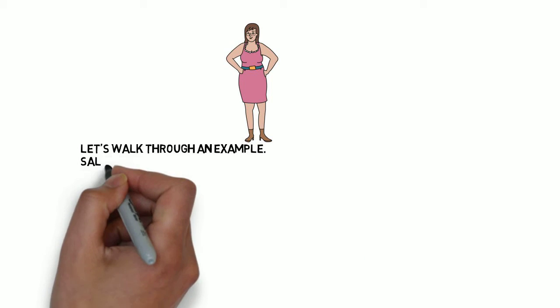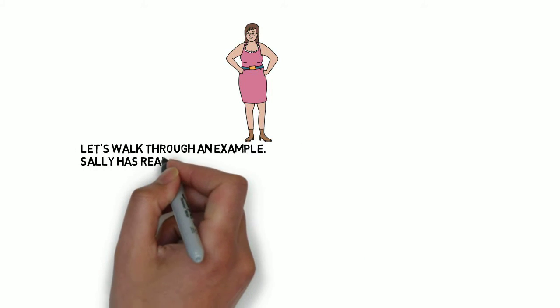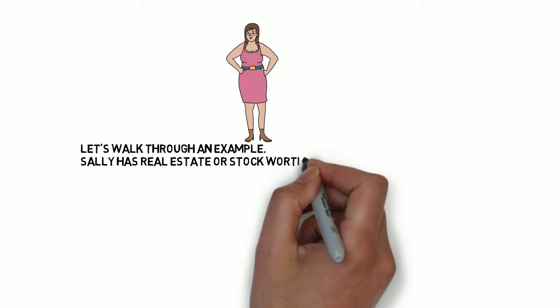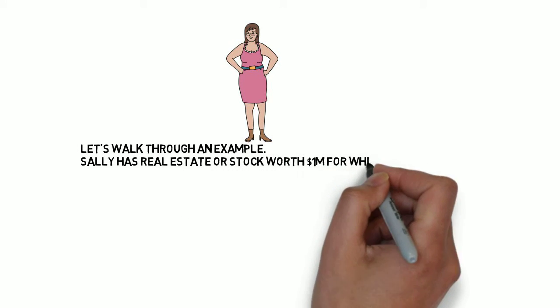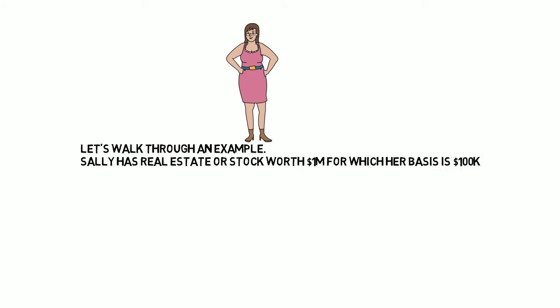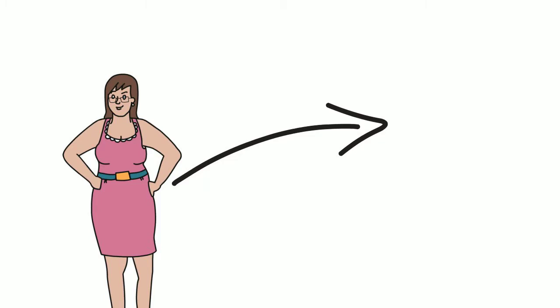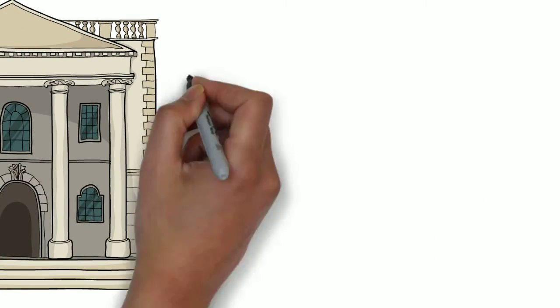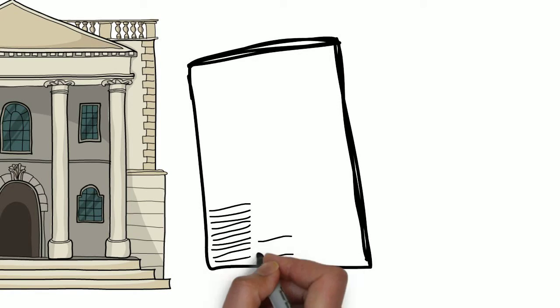Let's say that Sally is a real estate investor, or for that matter, she has stock that's worth a certain amount of money, but we'll say it's $1 million for the purposes of this example. Let's say that these assets are highly appreciated and her basis in the assets is $100,000.